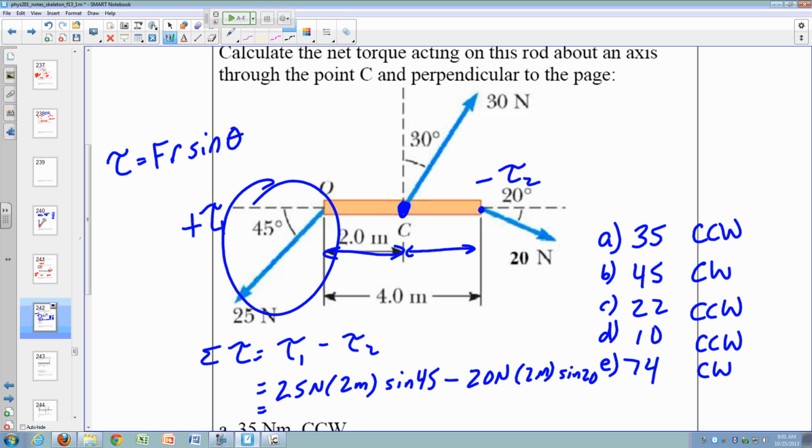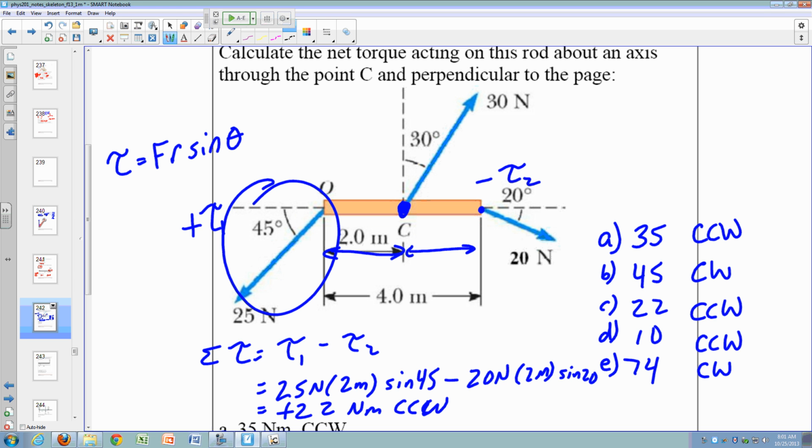Does that give me 22? Anybody? Is that 22? 21.4 is what you're talking about. 22. All right, so 22 Newton meters counterclockwise. I know that it's counterclockwise because it's positive, and counterclockwise direction is positive.